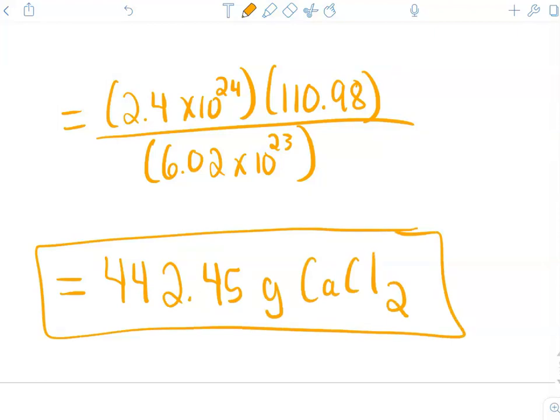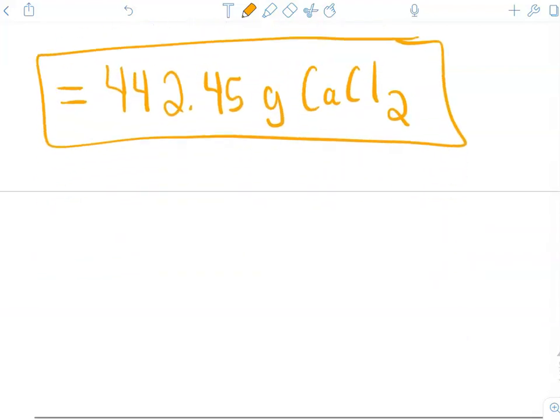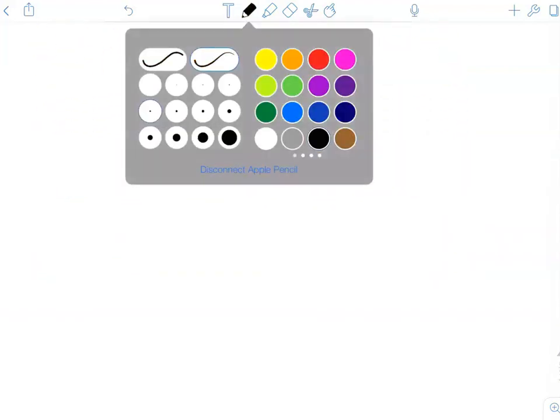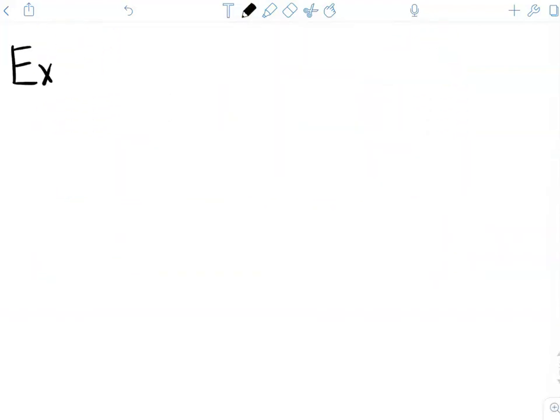Now, we've got one more example to do. And this one, we are going to be going from molecules to grams. So I want you to try this one on your own.